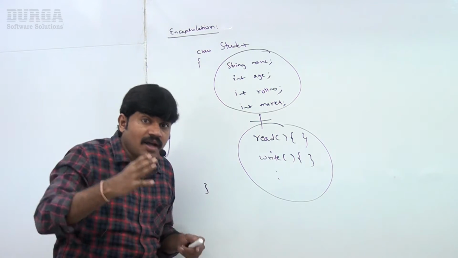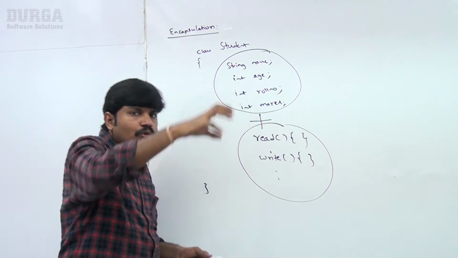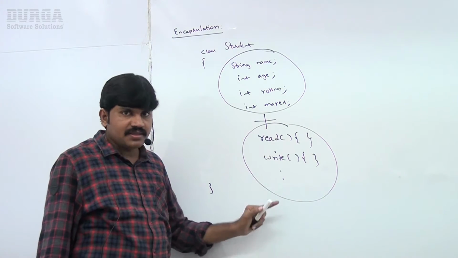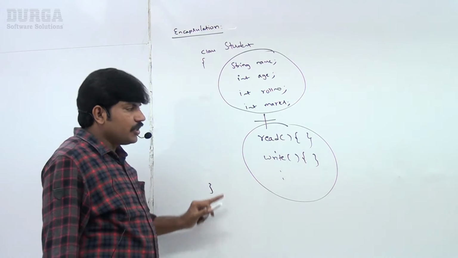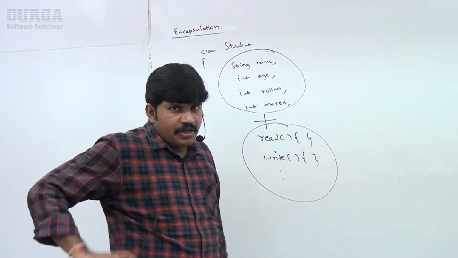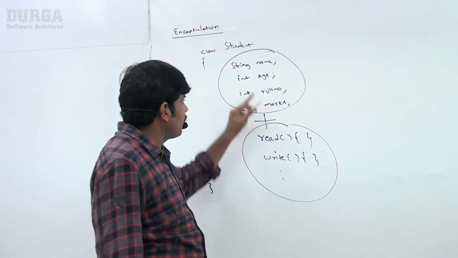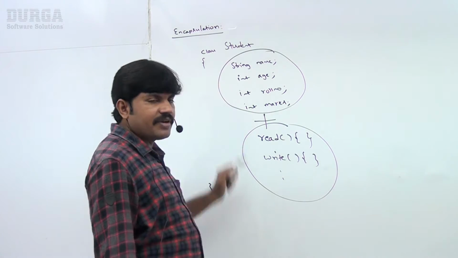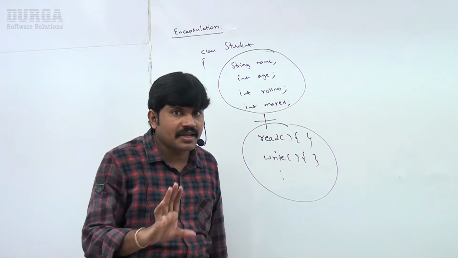The process of grouping, combining data members and corresponding methods or behavior into a single unit is nothing but encapsulation. Are you able to understand, right? The capsule grouping mechanism itself is like this. Sir, every Java class is an example of encapsulation.